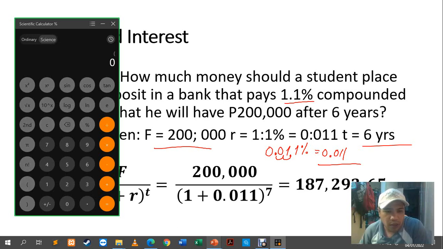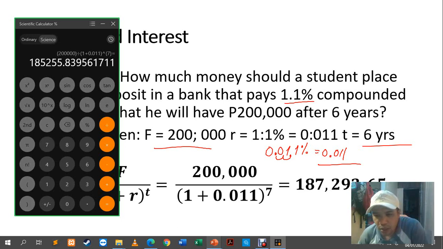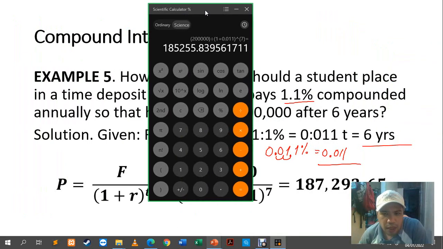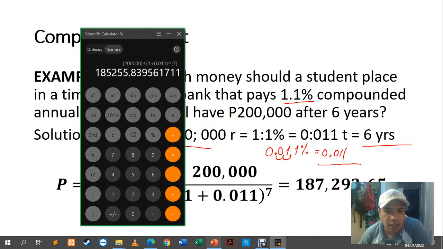200,000 divided by 1 plus 0.011 raised to 6. I put 7 years earlier by mistake.